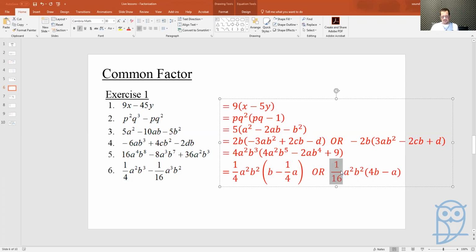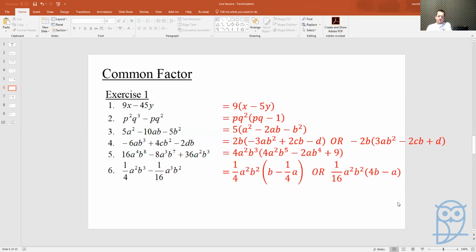The only difference now is that a quarter divided by a 16th gives 4, because you can tip it and times. So a quarter divided by a 16th is the same as a quarter times 16. So 16 divided by 4 gives me my 4, and taking out the 16th as a common factor just leaves a 1 over there.